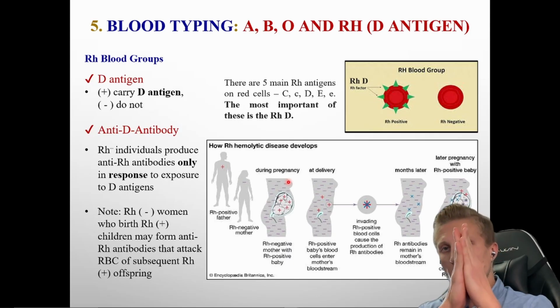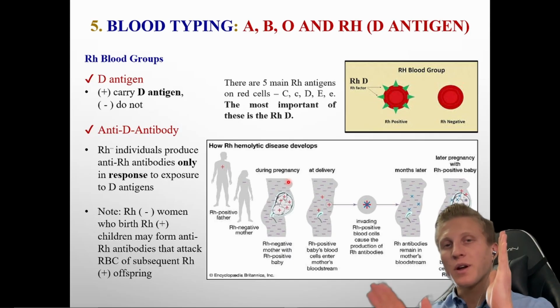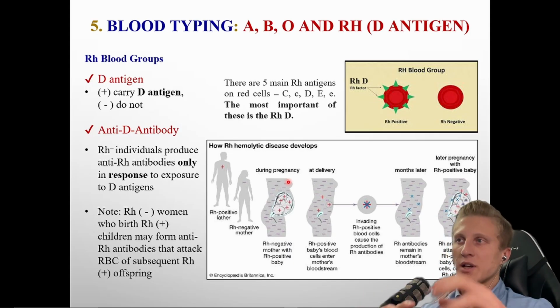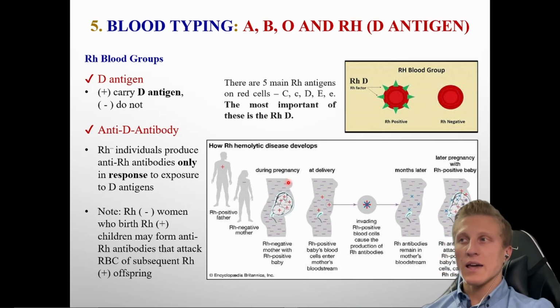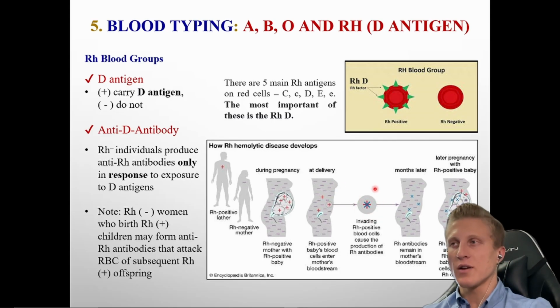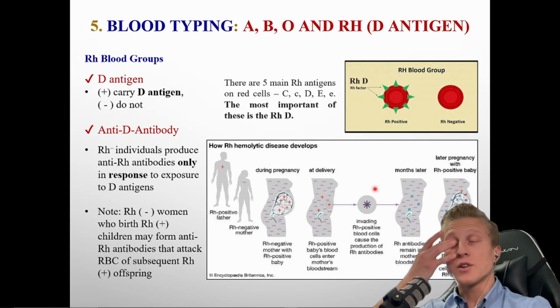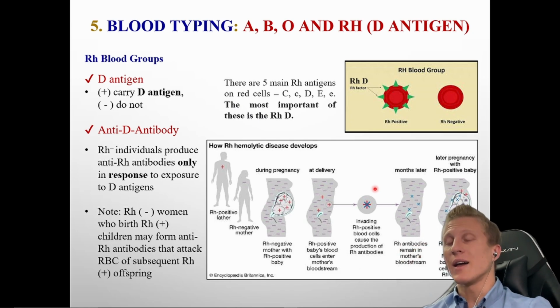And at that point, there's the chance that mom and baby's blood will interact with each other. And as a result, that Rh positive blood from baby may interact with mom's immune system, which is Rh negative, and it will view those Rh positive antigens as a foreign pathogen. And therefore, it's possible for mom to now start to develop antibodies against the Rh factor, okay, against the Rh antigen. So during first pregnancy, this isn't a problem.